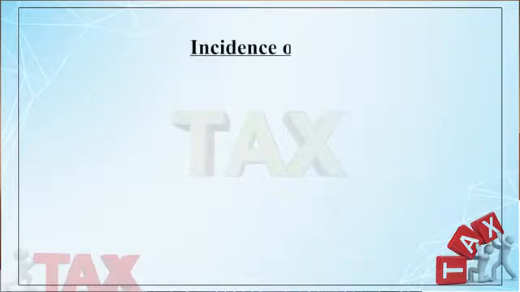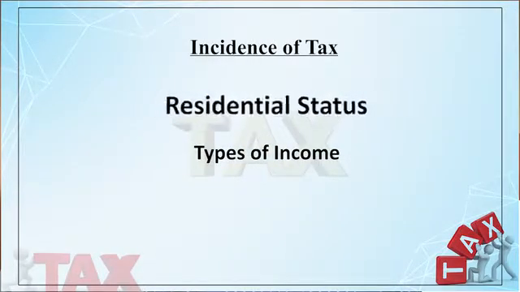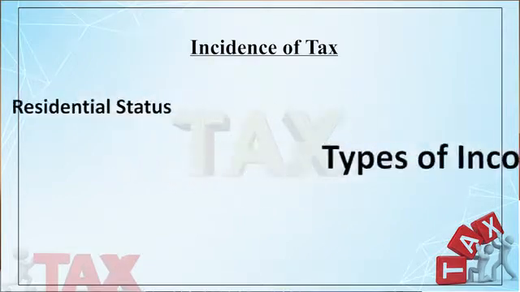Our objective is to determine the incidence of tax, that is, the tax incidence on which the company is liable to pay tax. There are two important factors on which the incidence of tax of a company depends: the residential status and the types of income or nature of income.